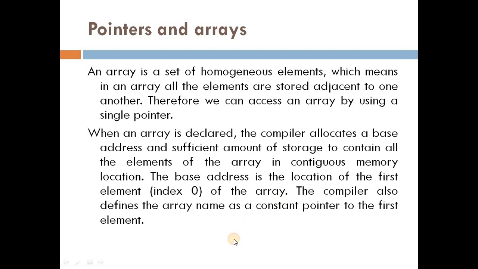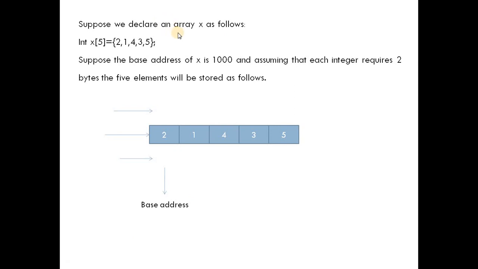Now suppose we declare an array X and we initialize it as 2, 1, 4, 3 and 5. So we have taken an integer array which has 5 elements. Suppose the base address of X is 1000, and assuming that each integer requires 2 bytes, then 5 elements will require 10 bytes, and that will be stored as follows.